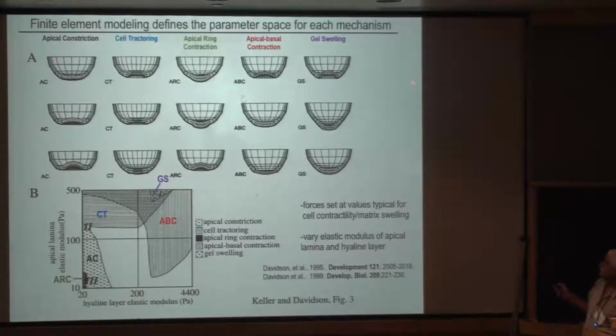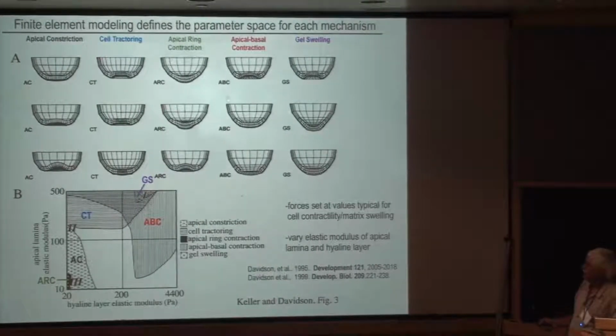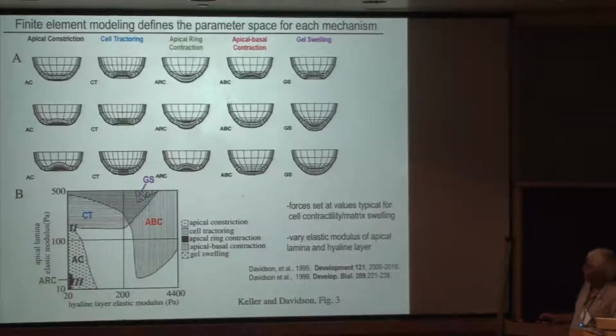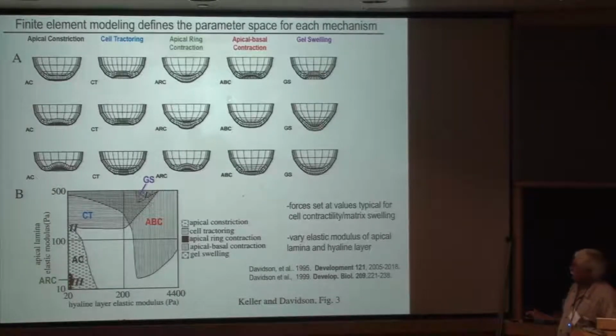But basically, he took all these models, and what you see here is all the models under 3 different conditions. And he picked these 3 different conditions because under one or the other of these 3 conditions, all these models work. And he mapped out a parameter space for each mechanism using pretty physiological ideas about how much force could be generated by various processes, and then just varying the elastic modulus of the apical lamina and the hyaline layer.